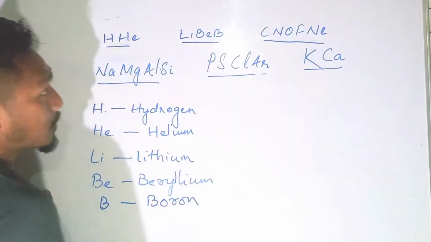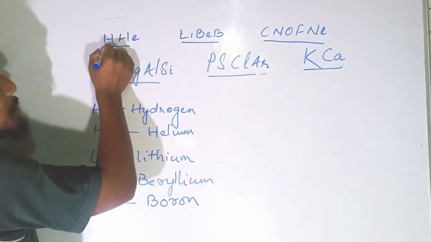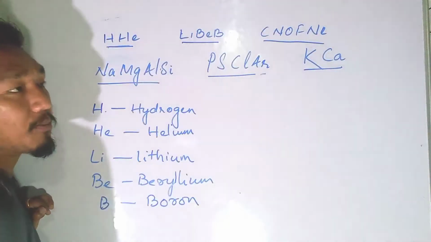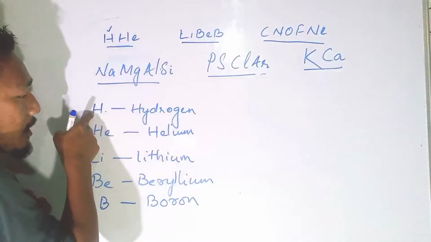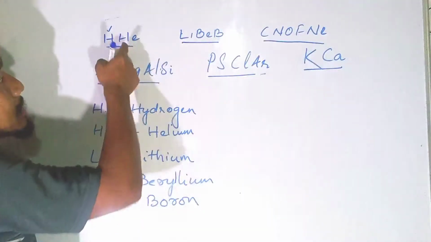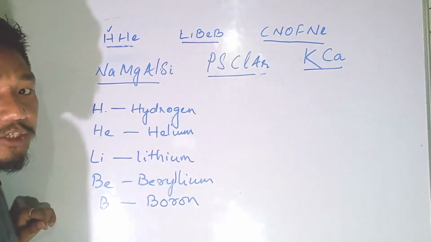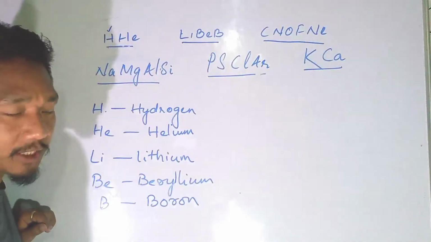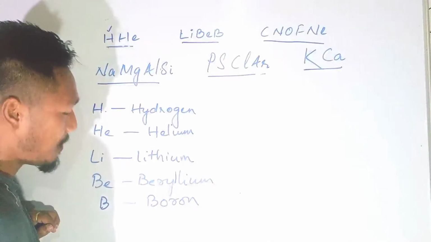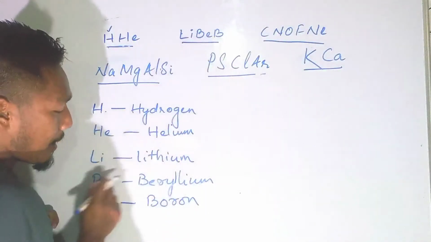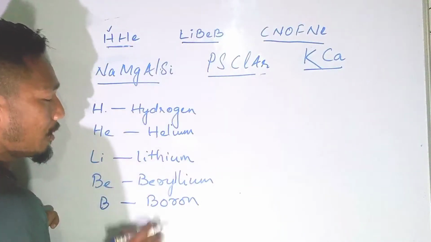Here the first H stands for hydrogen, the second, capital H with small e, stands for helium. Then Li lithium, Be beryllium, B boron.